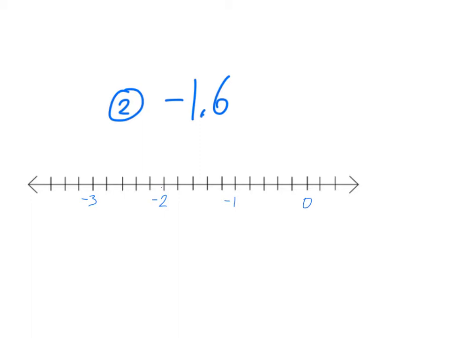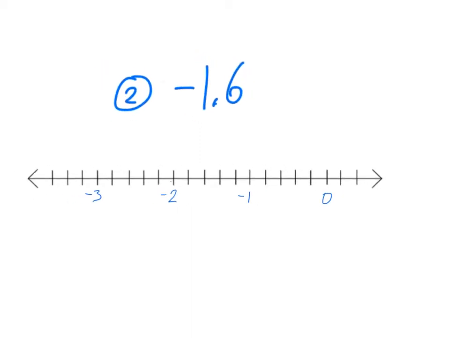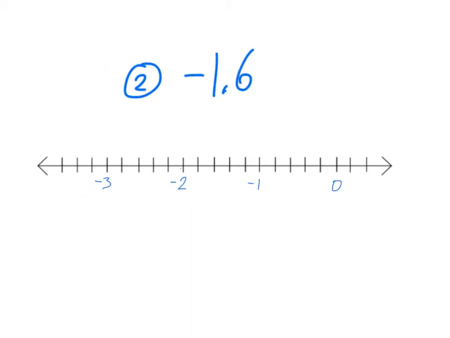So how does that help us? If we think about it, what goes into 10, because we're talking in terms of tenths here, 5 times? Well, 2 goes into 10.